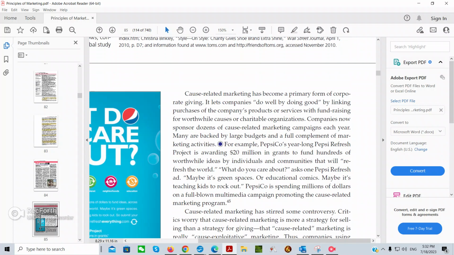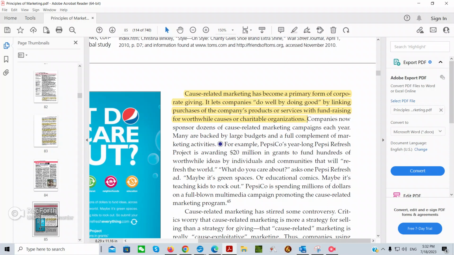Let's talk about cause-related marketing, which has become a primary form of corporate giving. It lets companies do well by doing good by linking purchases of the company's products or services with fundraising for worthwhile causes or charitable organizations. That's the premise. Companies now sponsor dozens of cause-related marketing campaigns each year.